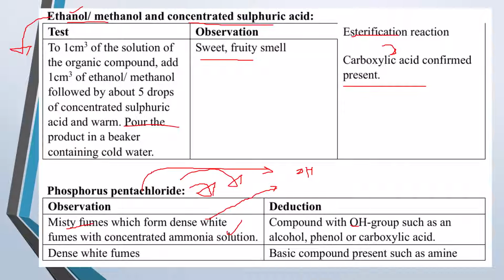The same applies to dense white fumes. This one is going to be rare. Maybe in mocks you may note it down, but for phosphorus pentachloride we are mostly testing for the presence of the OH group, and this is what you should note mostly.